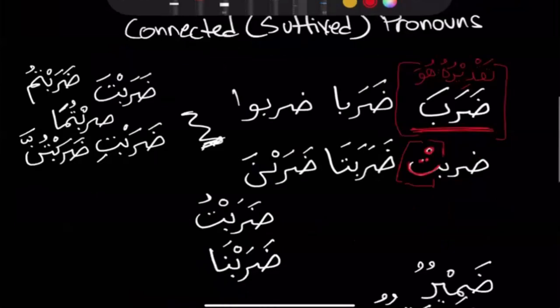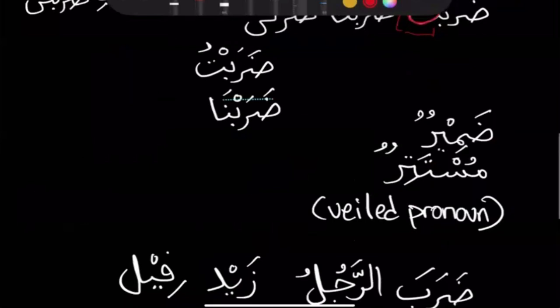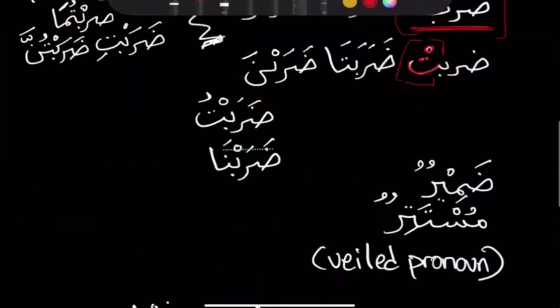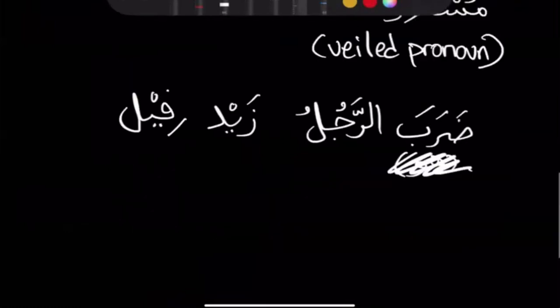And then one day I'm going to ask you which one it is. You're going to tell me. But now I'm going to remind you. This ta is called ta'u ta'nith as-sakina. I'm going to write out a clear sentence.